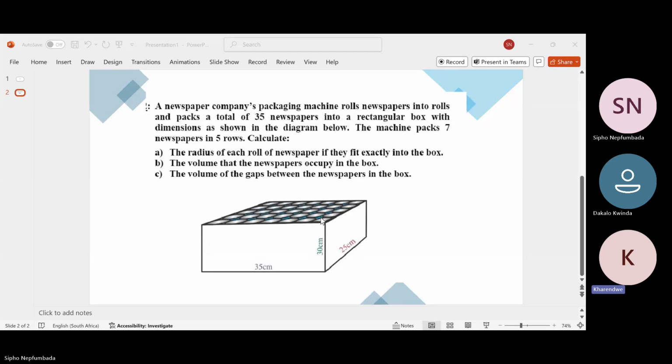The machine packs 7 newspapers in 5 rows. Calculate the radius of each roll of newspaper if they fit exactly into the box.